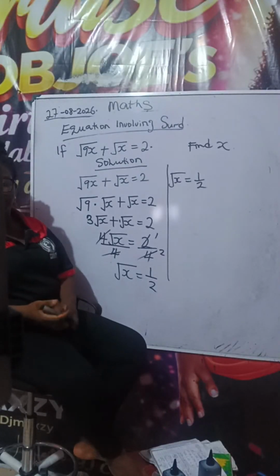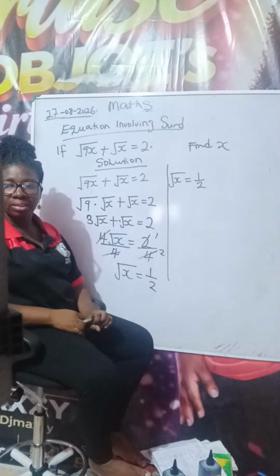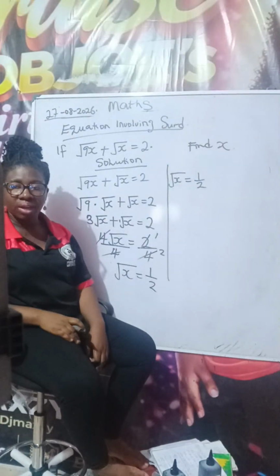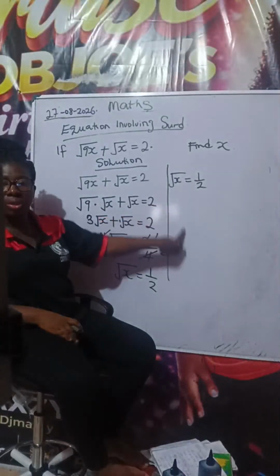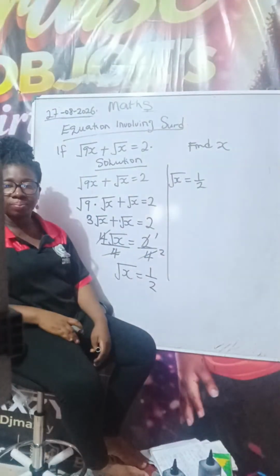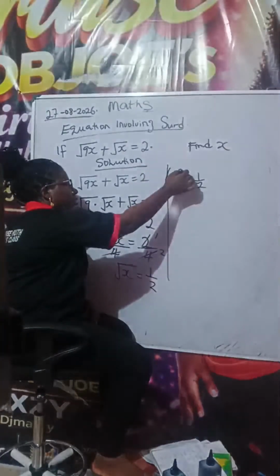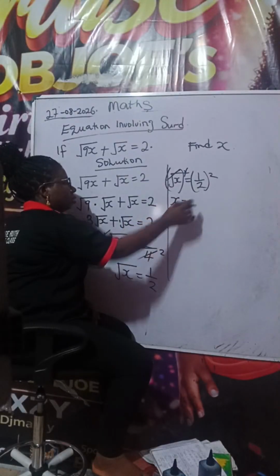No, it's not divide. To remove the sign of the root, we need to square both sides. You square here and you square here. So the square is removed, and we have x equals.